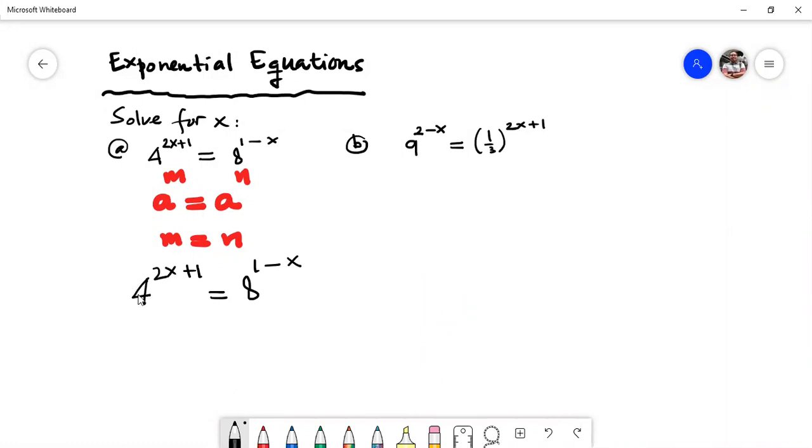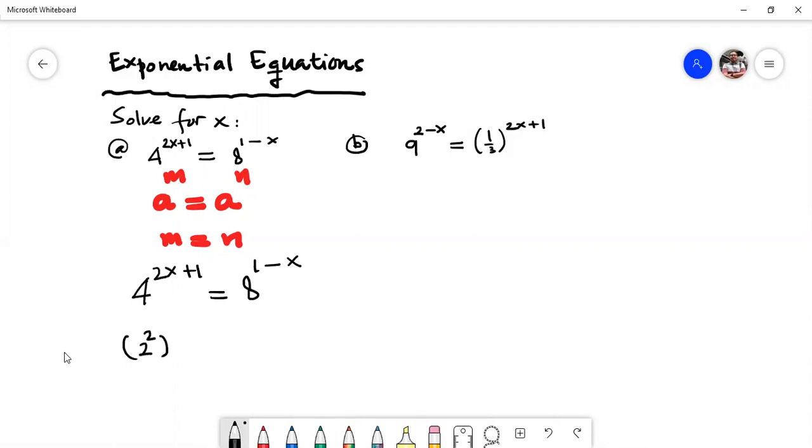Now you try to change these two base numbers, 4 and 8, into exponent numbers and figure out what exactly the appropriate base number is that we can use. So you know that 4 is actually 2 squared, right?